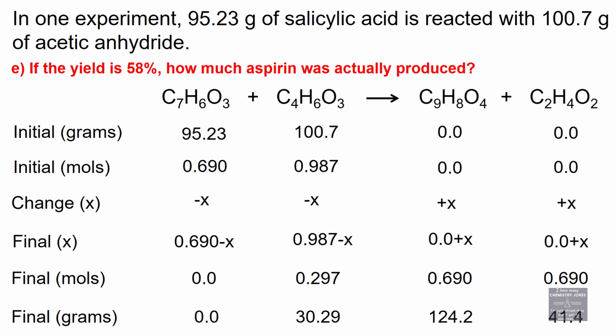If the percent yield is 58, how much aspirin was actually produced? Why did I take us back to the table here? Because this is the amount of aspirin that you could produce if all went perfect. What's the name of that value? That's the theoretical yield. So 124.2 is the theoretical yield.